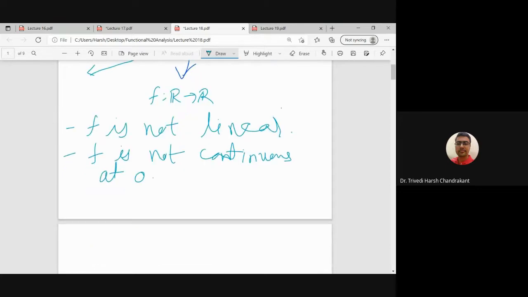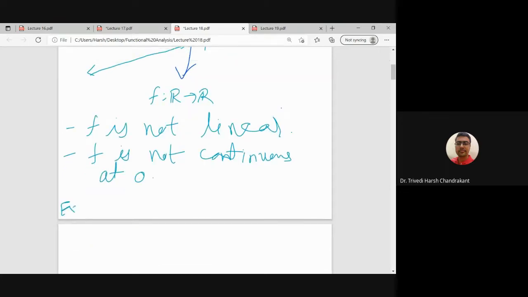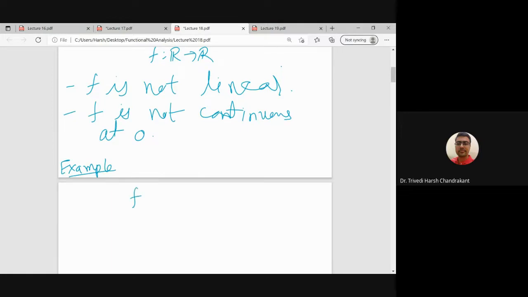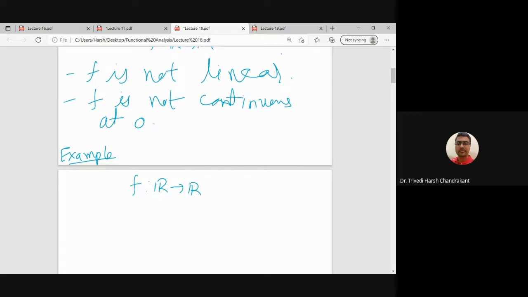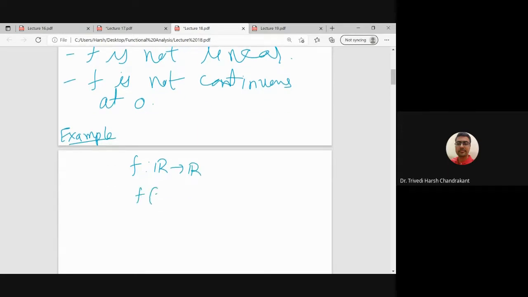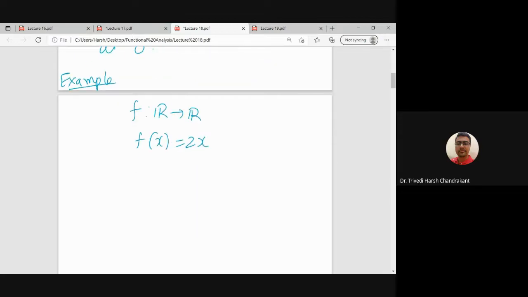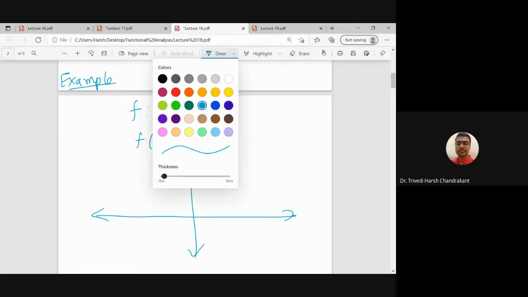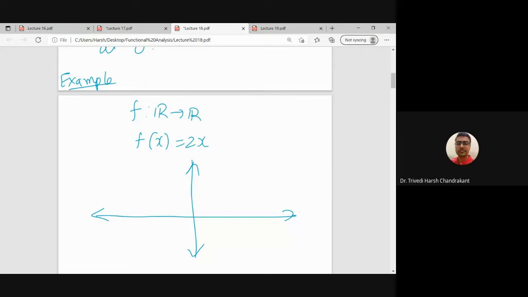And then we take another example in which we have f from R to R, f is a linear function. So let us take f(x) equals 2x. So this is the equation of a line.